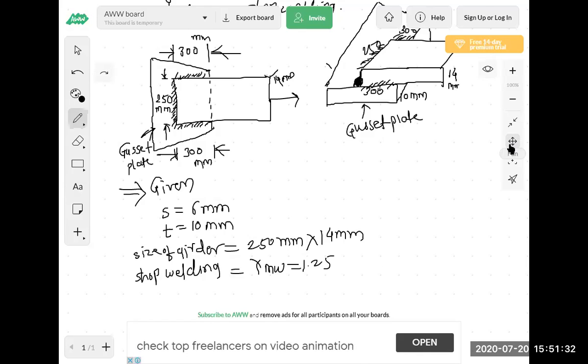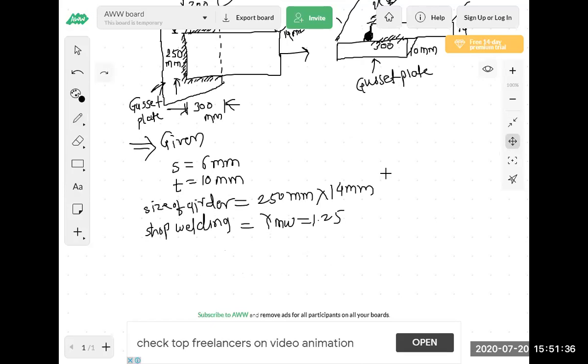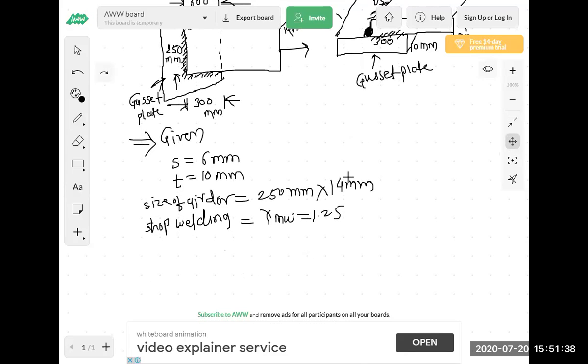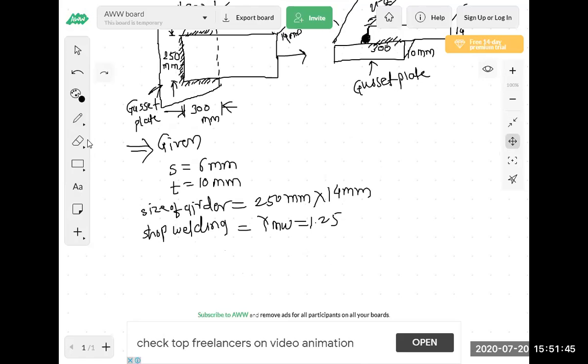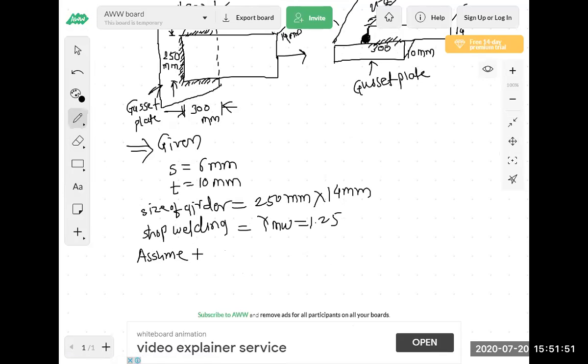Now one thing we require that they have not given, that is the grade of steel. So here we will write: assume Fe410 steel.